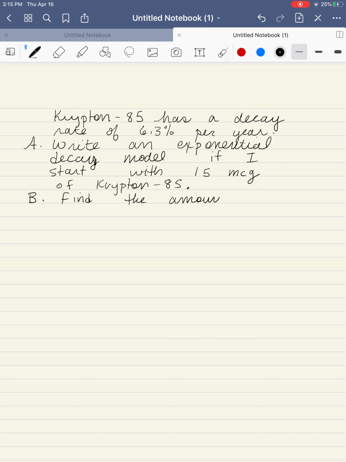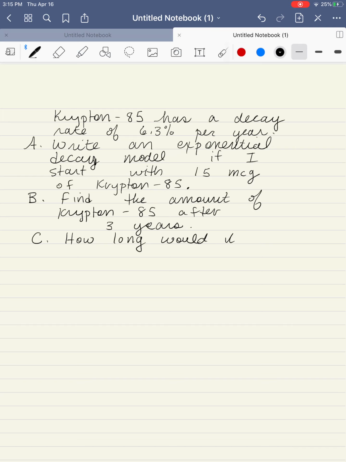Part B, I want you to find the amount of krypton 85 after 3 years. How many micrograms of krypton 85 would be remaining after 3 years?